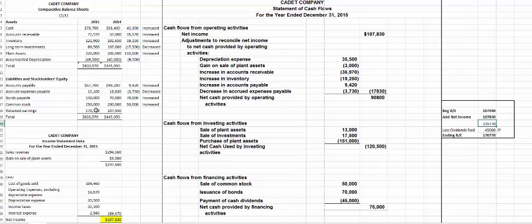So if we were given this ending retained earnings and this beginning number, could we not calculate how much the dividends were? Yes, we could. Beginning retained earnings, add net income equals a number. That number minus dividends paid equals the ending.